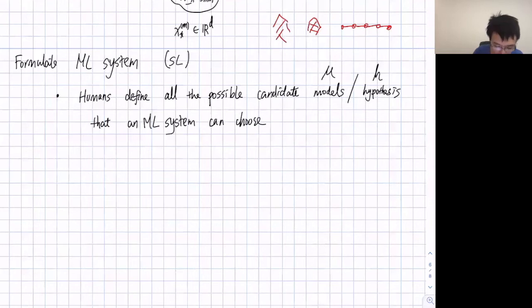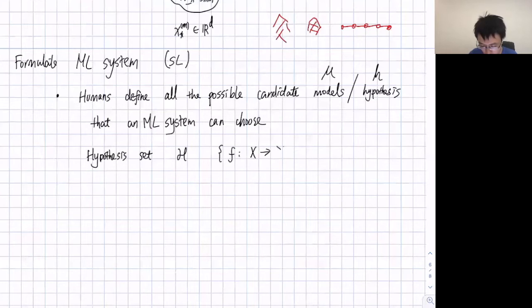This set is known as the hypothesis set, denoted as script H. H is a set of functions that maps from your input to your output, which I call Y. The hypothesis set is usually a subset of functions that map input to output, and usually a very, very small subset.